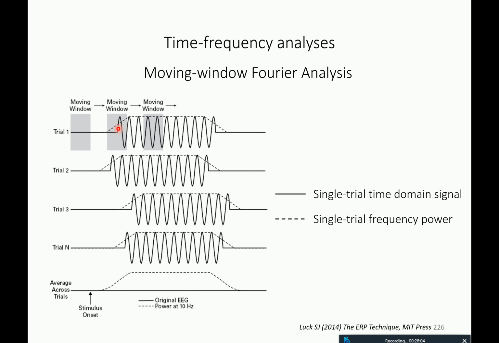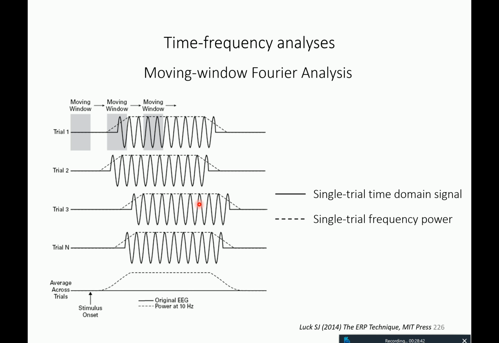And what this also shows is, if you now average together the trial data, because these given trials are all simulated to be out of phase, everything will be cancelled out. However, if you average together this frequency content, then something will remain.